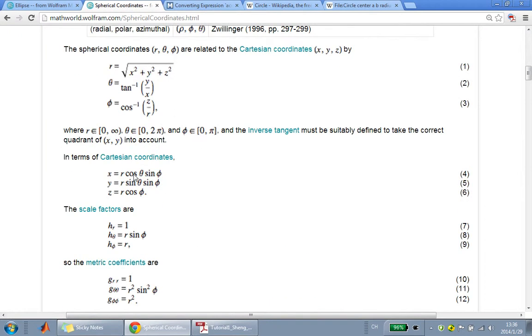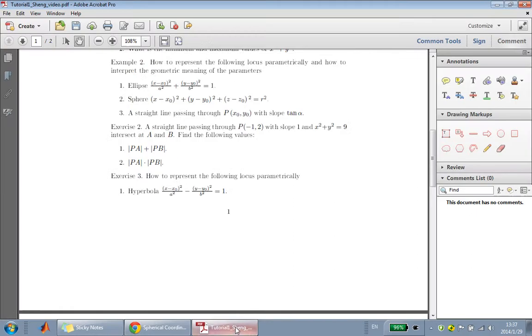R sine phi times cosine theta is the x coordinate for representing that circle parametrically, and y equals the radius times sine theta. Okay, now we know the parametric representation for the sphere, and we also know the geometric meaning of these two parameters.